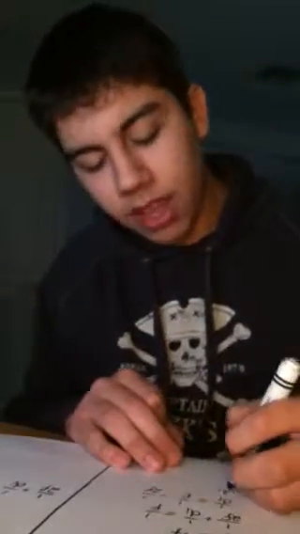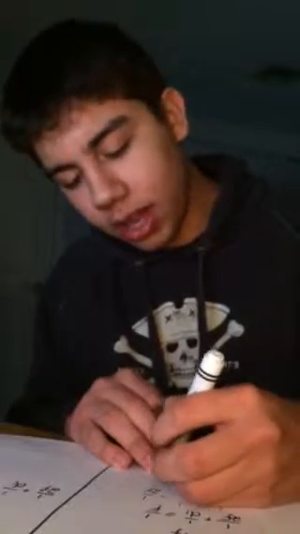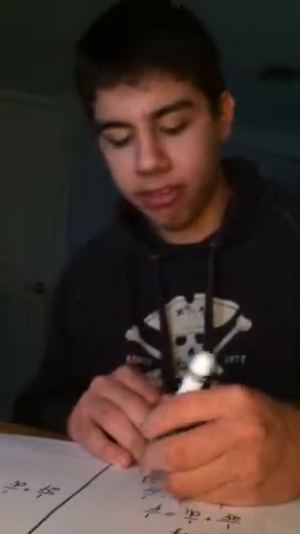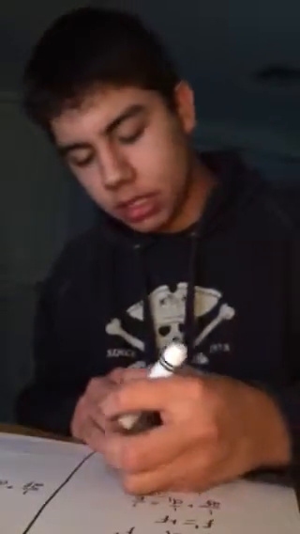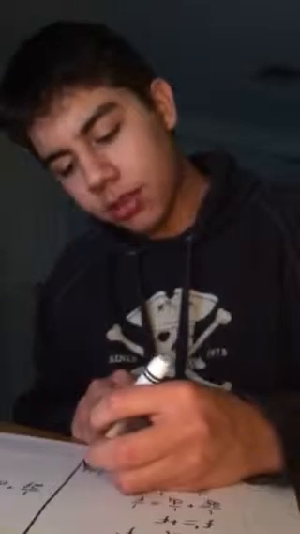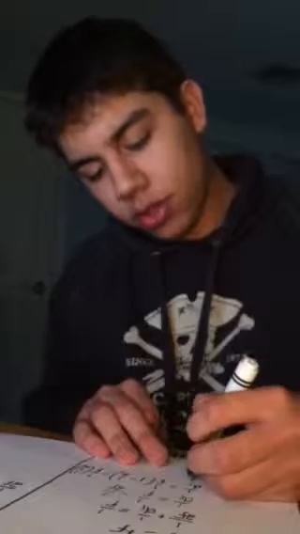Then in order to solve for 1 over DI, you factor out 1 over f, and you should get 1 minus 1 half, which is 1 over f times 1 half, which is 1 over 2f.